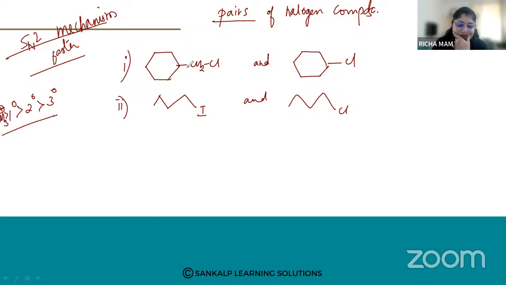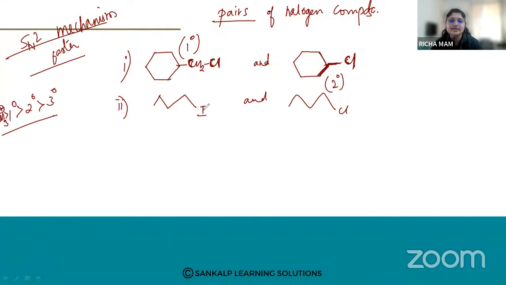Here the halide group is attached to CH2, so this is a primary carbon, right? Now here Cl is attached to two more carbons, so it is a secondary carbon.